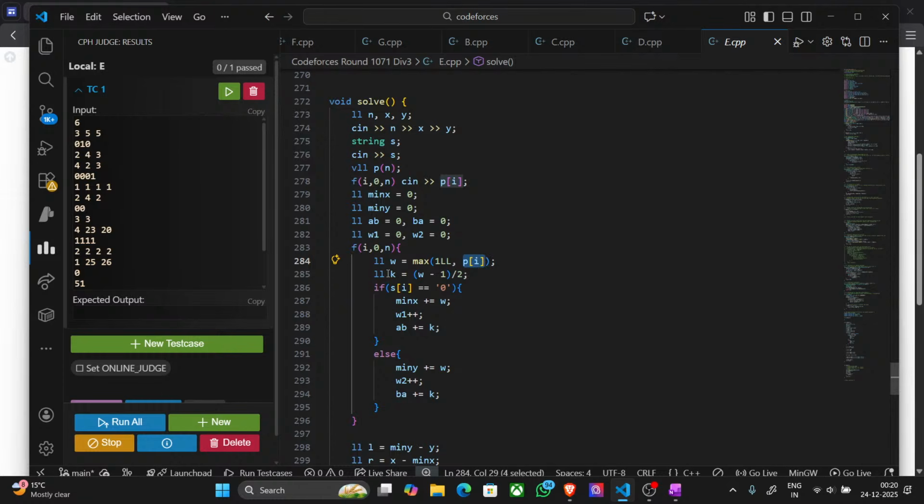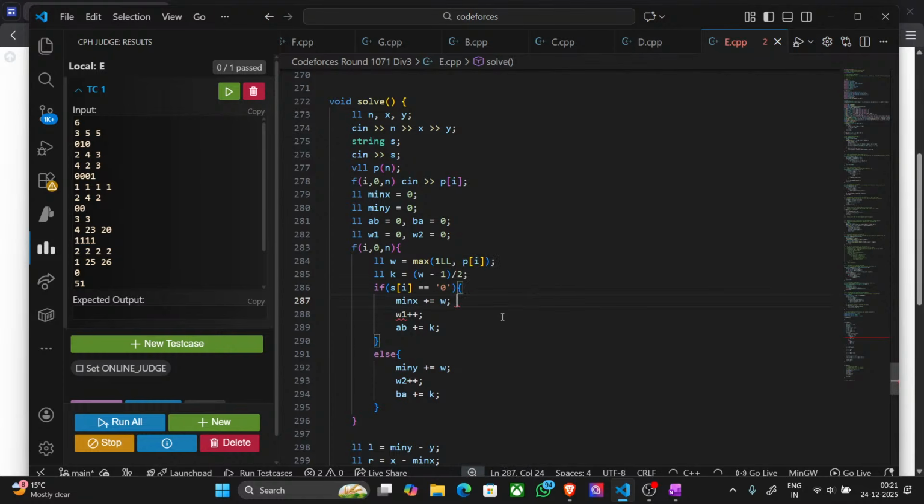You see k is equal to w minus 1 by 2, which is the ceil value of w by 2. And if si is 0, I have added minimum x as w. What I have done, I am doing the same. I have added a0 plus equals to pi, ai plus equals to pi.